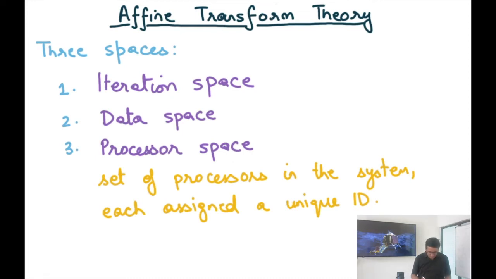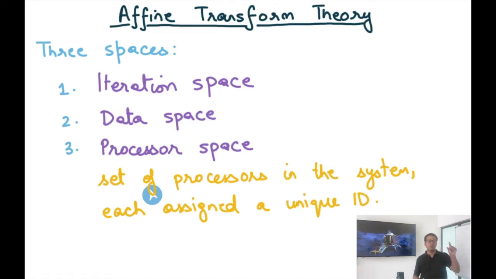And finally, there is the processor space. What do I mean by the processor space? One of the things we're going to be interested in is parallelization. We are going to want to map different points of the iteration space to different processors, for example, the affine partitioning that we discussed in the last module. When we do that, we're going to create a map from points in the iteration space to points in the processor space.